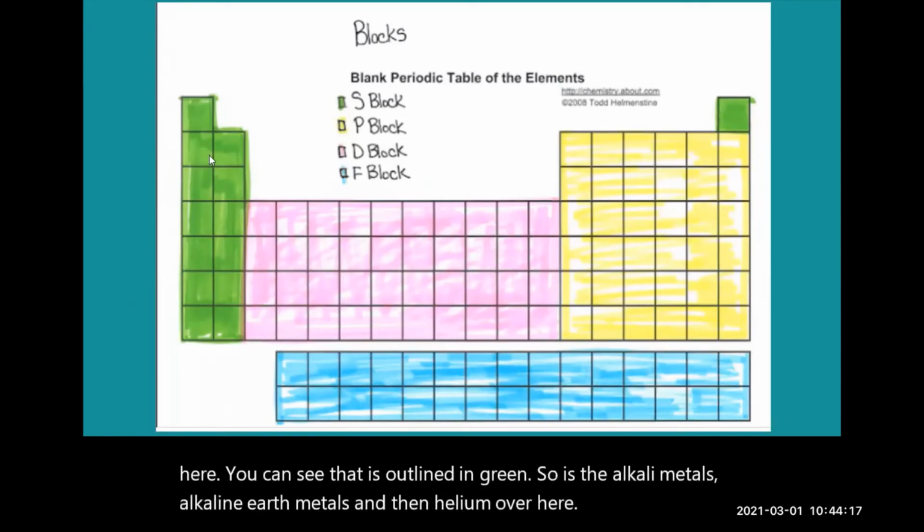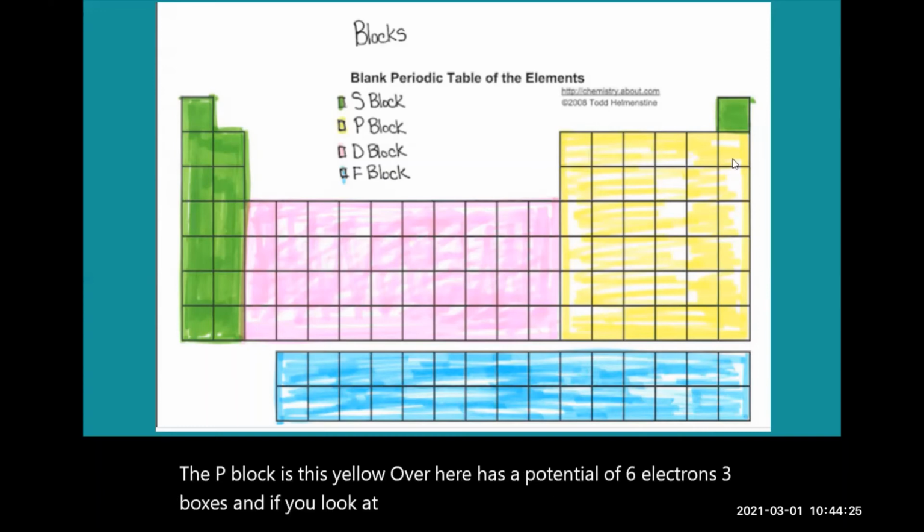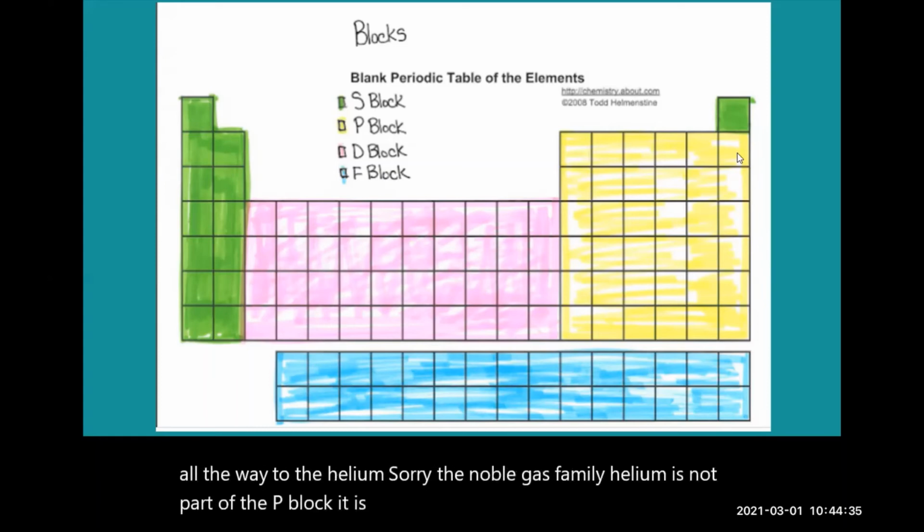The P block is this yellow over here, has a potential of 6 electrons, 3 boxes. It covers 6 columns from the boron family all the way to the noble gas family. Helium is not part of the P block. It is still part of the S block because helium only has 2 electrons.